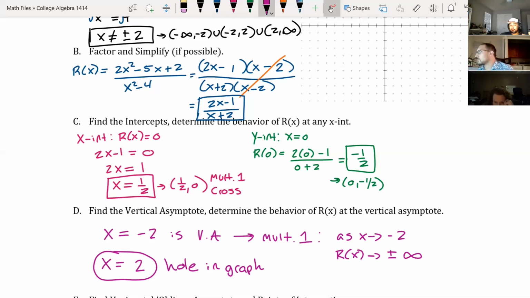Okay. Now we actually have one more step to do, because since x equals 2 is a hole in the graph, we need to find the actual point of that hole in the graph. So we're going to take 2 and plug it into our function, the new function, of course.